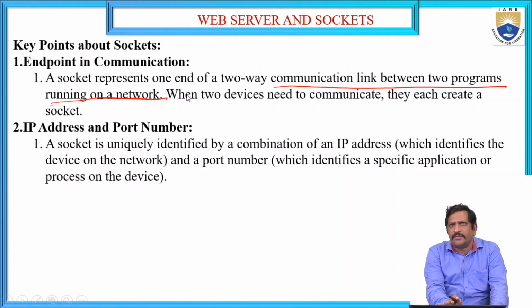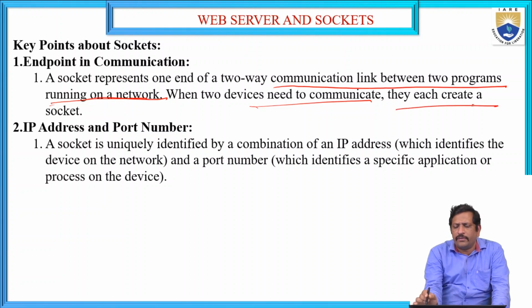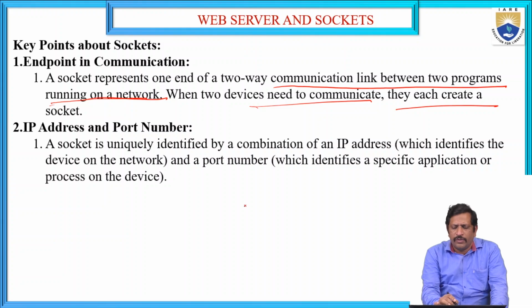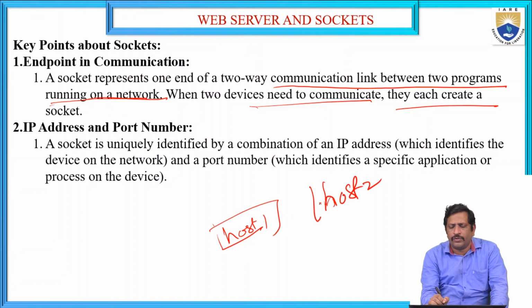Whenever two devices on the same network or different network want to communicate, we need to create a socket first. If two devices, host 1 and host 2, want to communicate, then before establishing the communication we have to create the socket at the host 1 side, and we have to create the socket at the host 2 side.